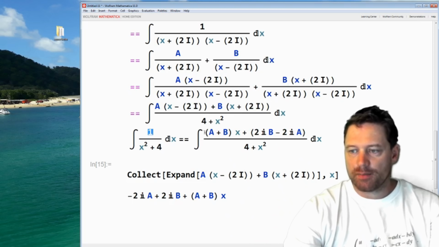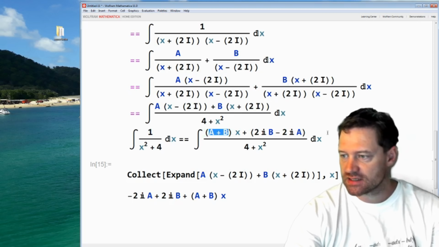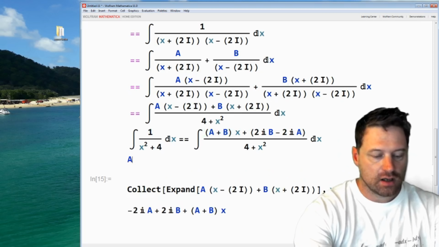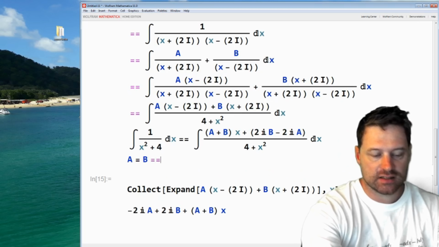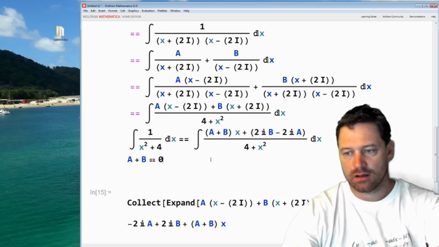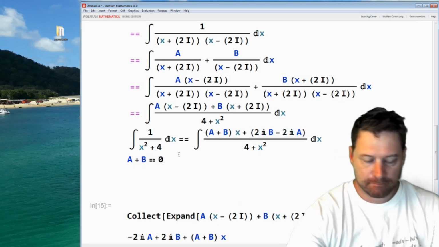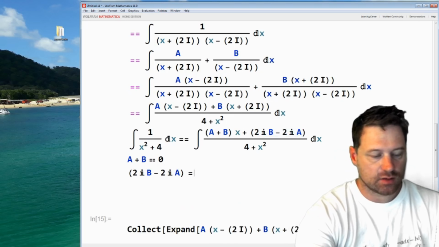So we must have a plus b equals 0. So this says a plus b is 0. Also, this expression over here has to be equal to 1.